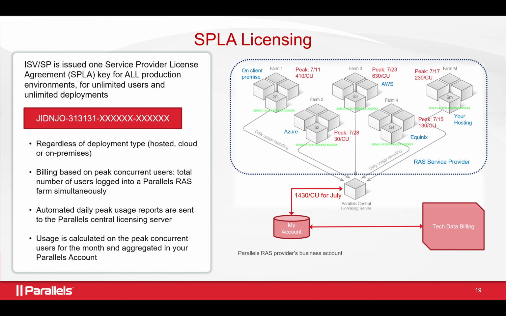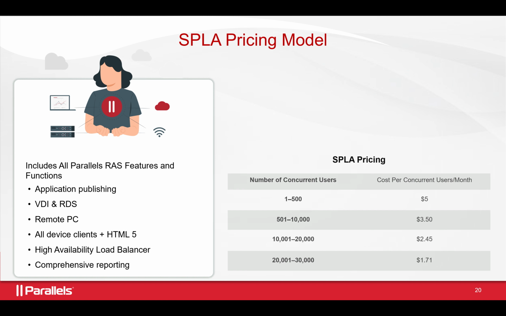We capture that and keep a running tally every day across every month, and the highest day of utilization in the month is what we bill you against. So you don't have to keep track of it.